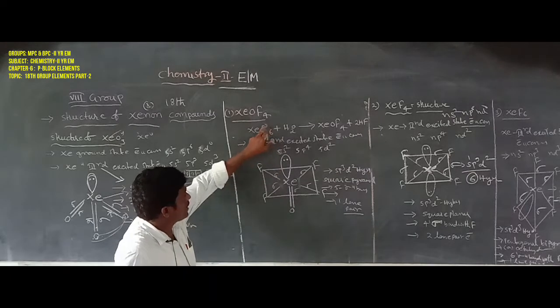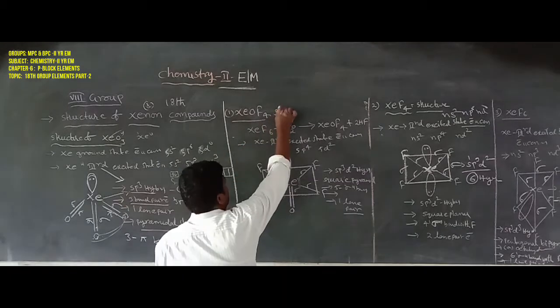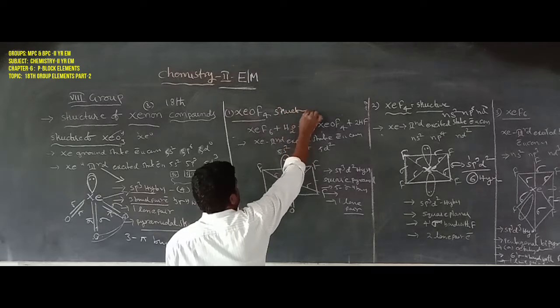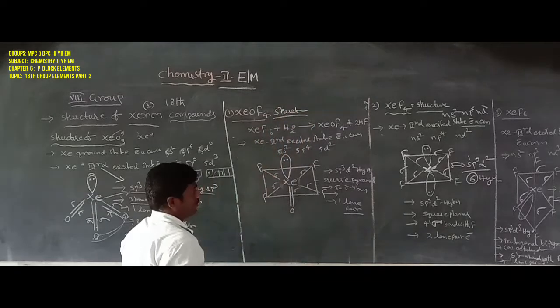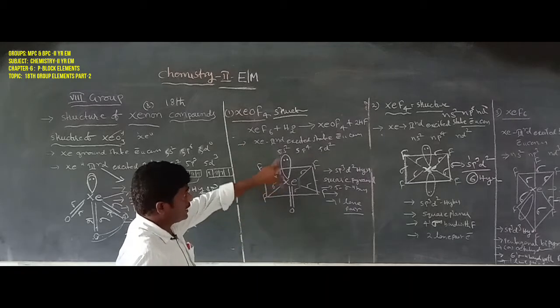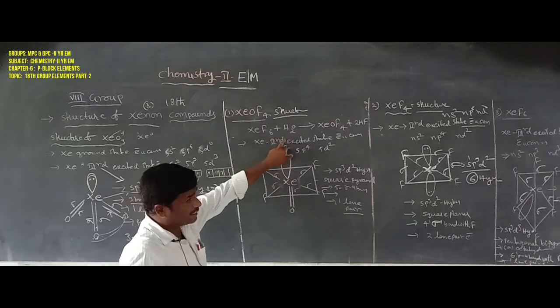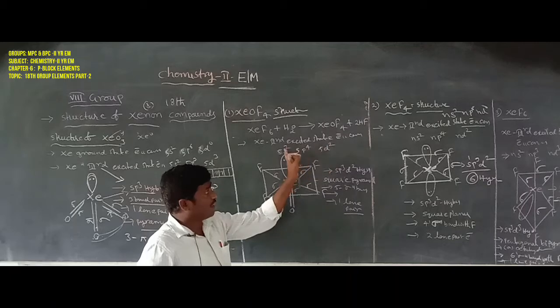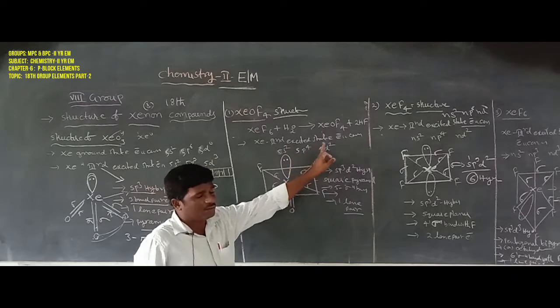Now the structure of xenon oxytetrafluoride. In xenon oxytetrafluoride, xenon is the central metal atom. The xenon second excited state electron configuration is 5s2, 5p4, 5d2.